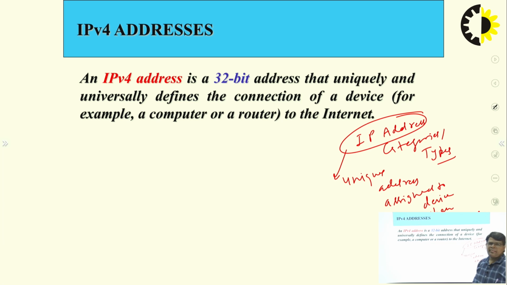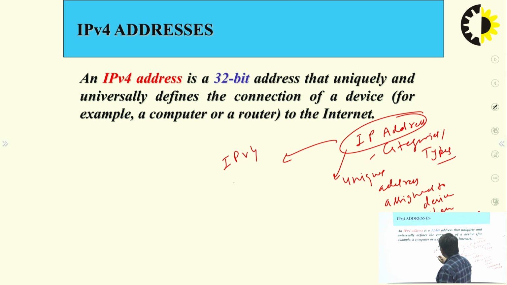That means whenever any device is connected with the network, it is assigned a unique identity. That unique identity is known as the IP address. IP addresses are generally divided into two types or categories. The popular ones are IP version 4 and IP version 6.